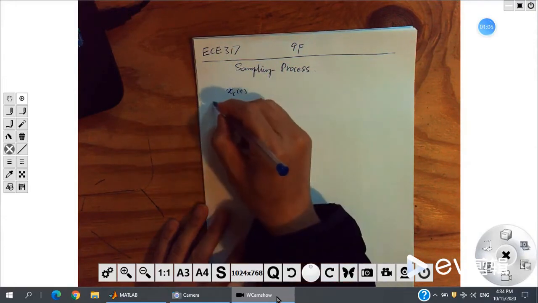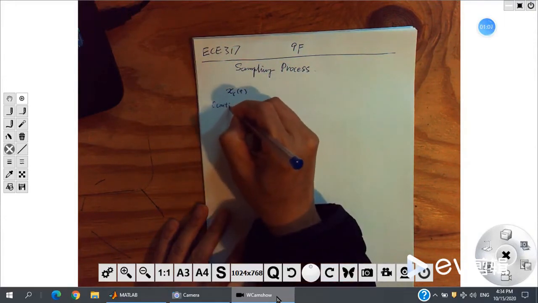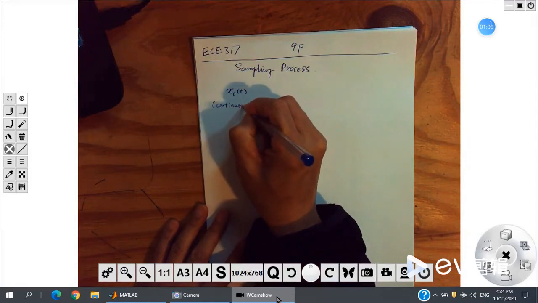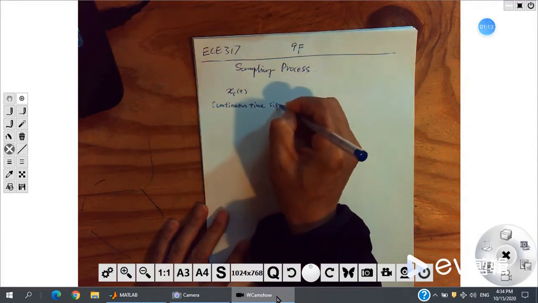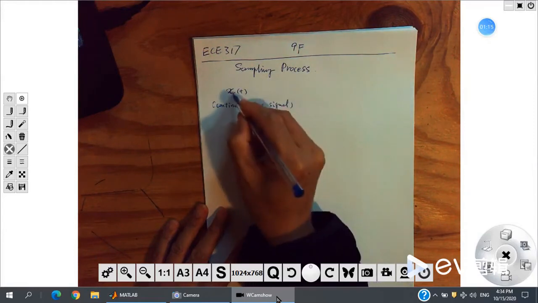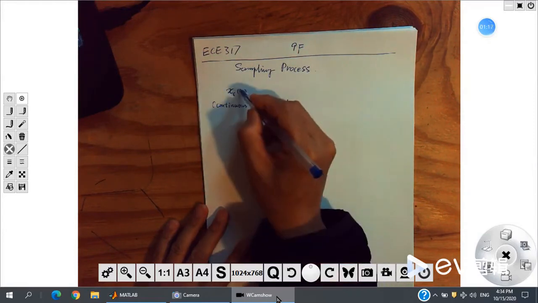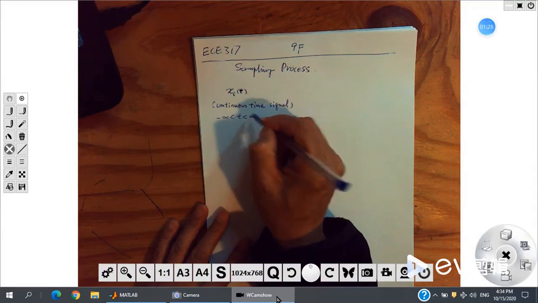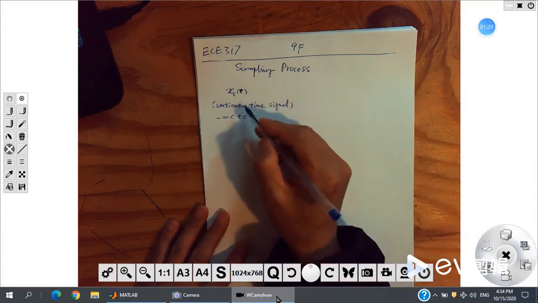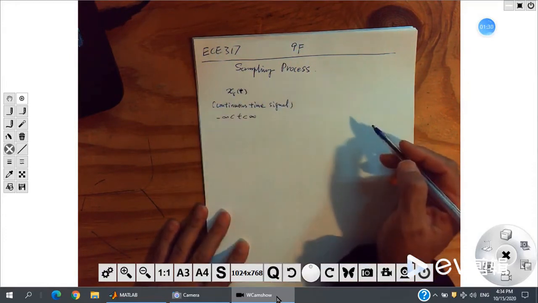Putting c here means continuous, and the variable inside it should be t. t is the time. t runs from negative infinity to positive infinity continuously. So for any time, you have a value. Right? This is a continuous time signal.